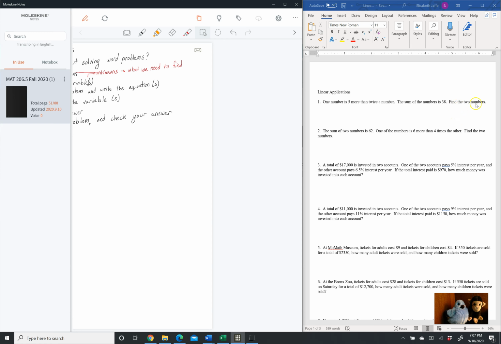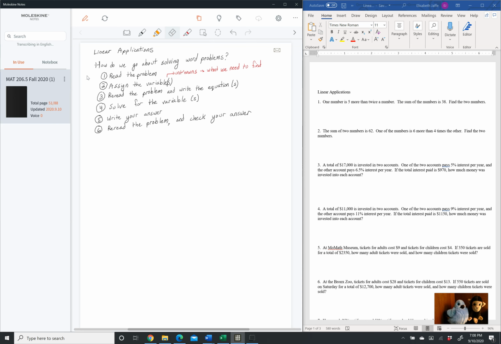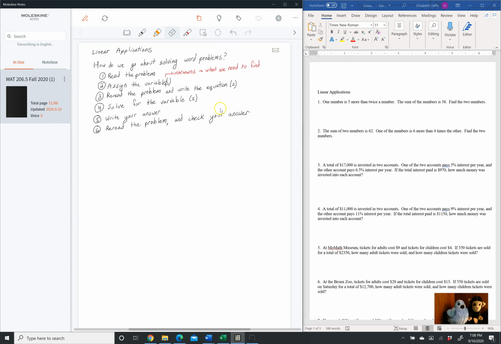So this says, find the two numbers. That tells us those are our unknowns. And the fact that we're finding two things tells us we have two unknowns.